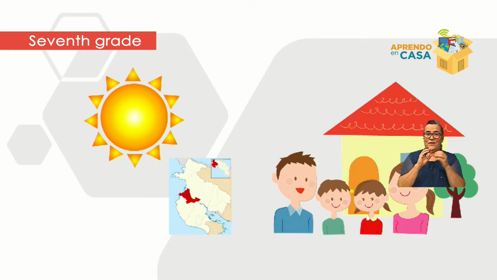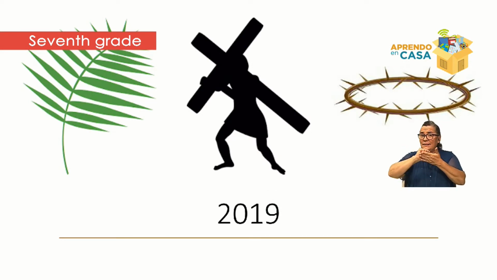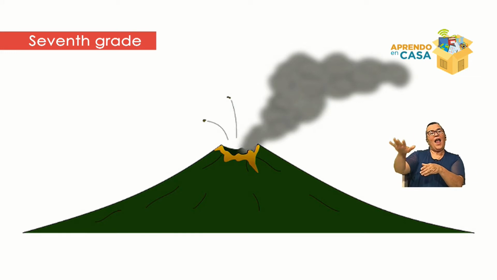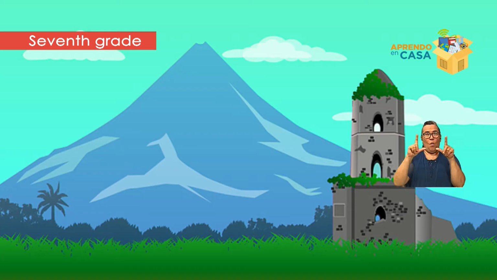Unit 3, Week 1. A text. Lauren's trip to Arenal. Lauren lives in Guanacaste with her family. Guanacaste is very hot. Last year, during Holy Week, Lauren's family wanted to get out of the heat. They traveled to the Arenal volcano. It was Lauren's first time at the volcano, and she was impressed by its size. It was cloudy while they were there, and Lauren was only able to see the volcano once, but she was very happy to see it when she did.